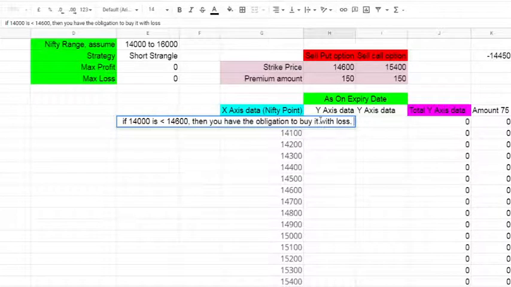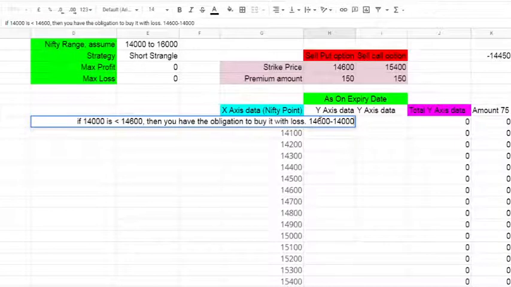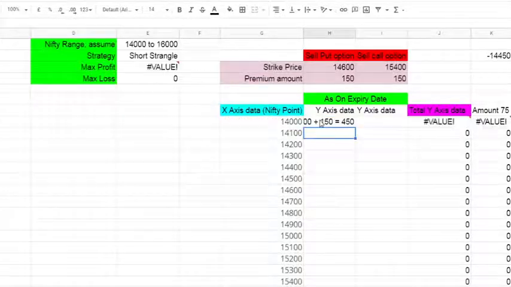How much is the loss? The loss is the difference, 14,600 minus 14,000. And you got 150 premium by selling it, so that is returned. So what is the total loss? 600 minus 150 is 450. So 450 is your loss.